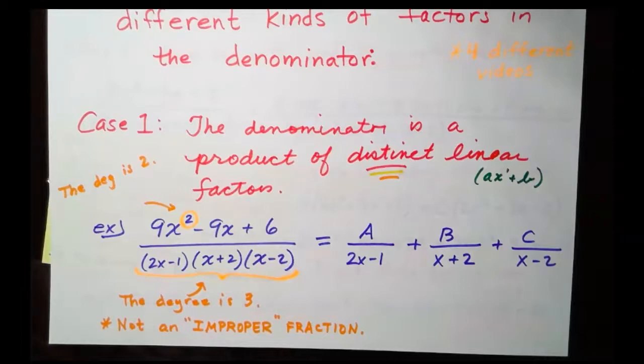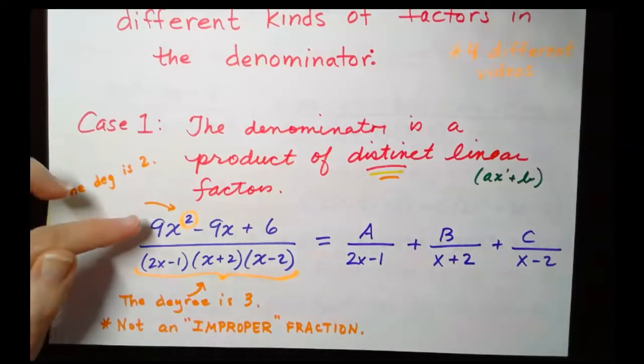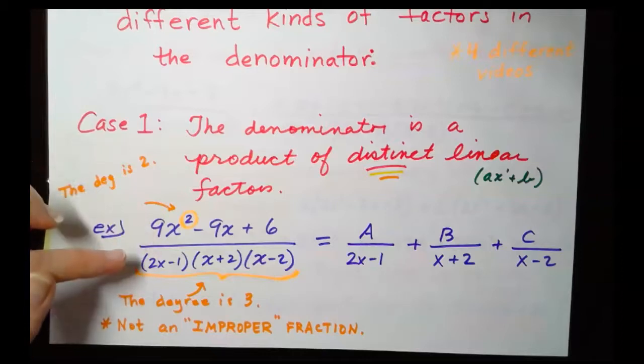So this is our first example: 9x squared minus 9x plus 6 all over, and it's nicely already factored for us, 2x minus 1, x plus 2, and x minus 2. Now, the first thing we're going to look for every single time is whether our rational expression is an improper fraction. We get an improper fraction if the degree in the numerator is larger than the degree of the denominator.